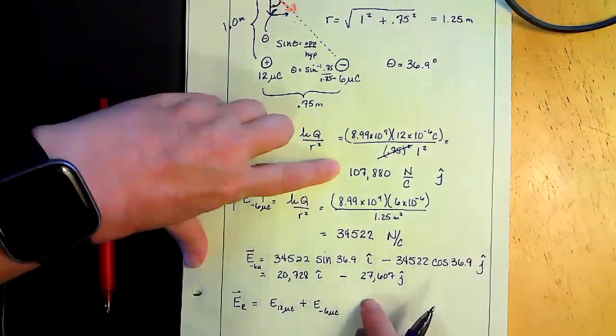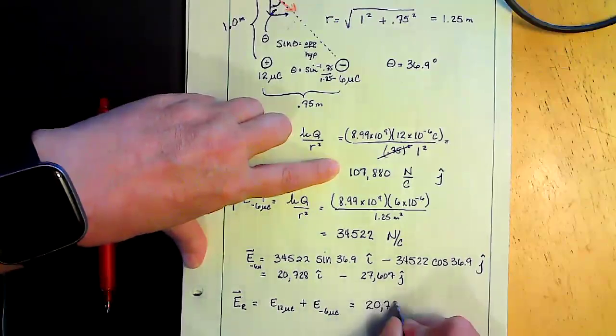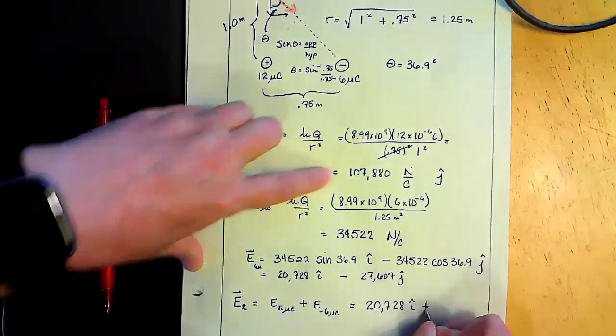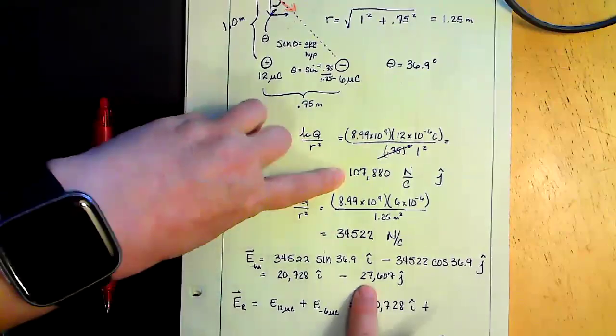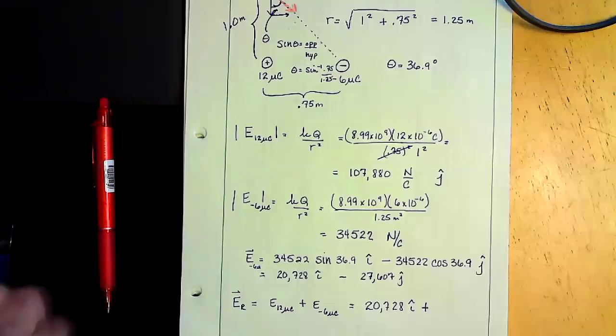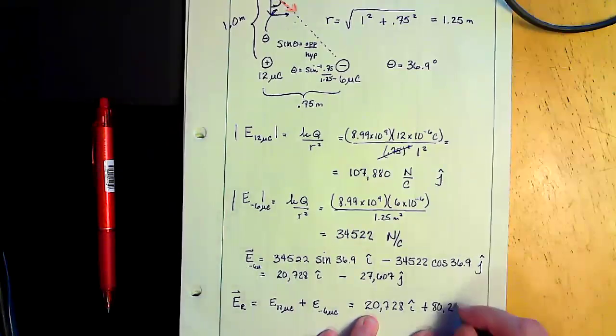This one doesn't have any I to it, so the I component is 2.728 in the I direction. And this one, 107 is bigger than that, so I know that's going to be positive. So I get 107,880 minus 27,607. This gives me 8273 in the J direction.